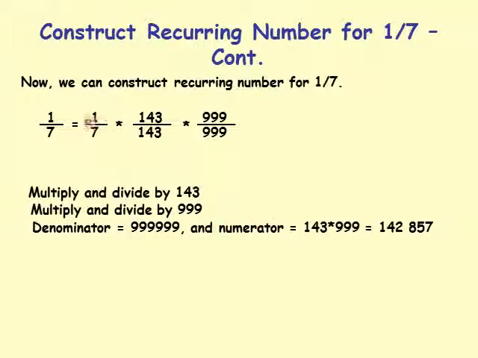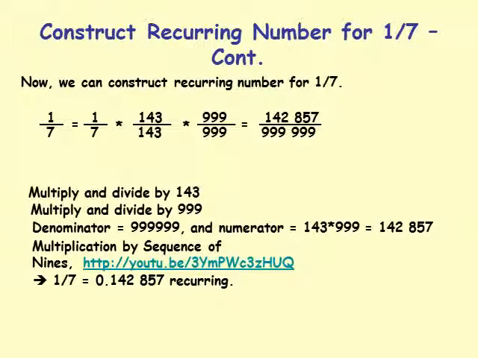The numerator is 1 times 143 times 999, and 143 times 999 is 142857. We are multiplying by a sequence of 9s, and we have done that before. So that is equal to 142857 divided by 999,999.